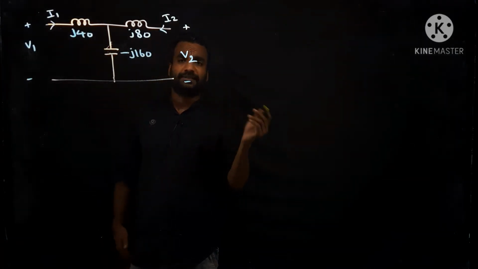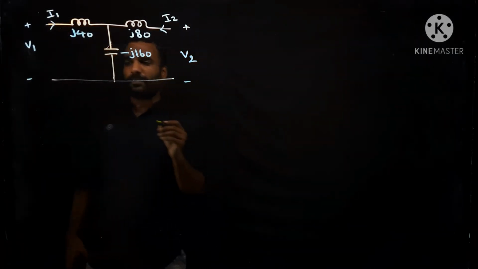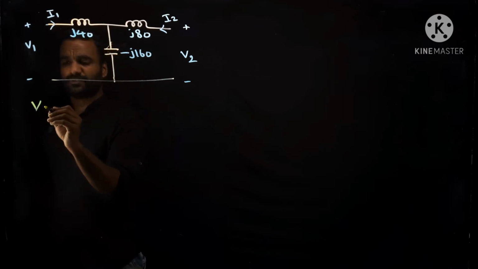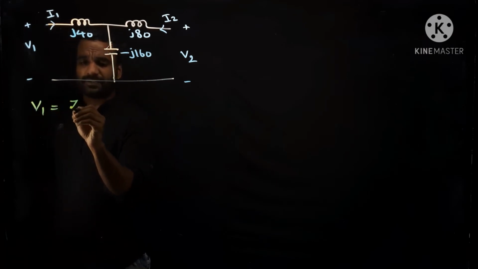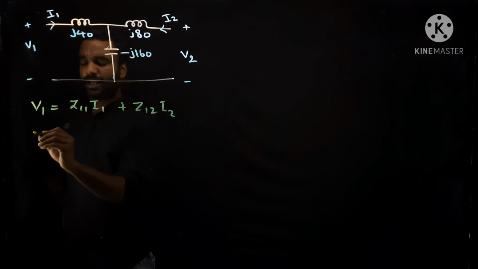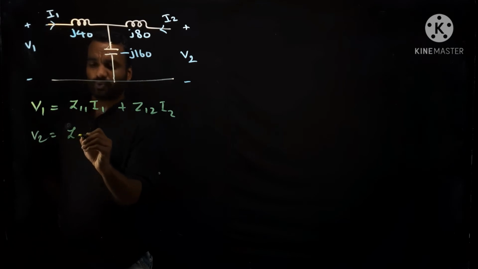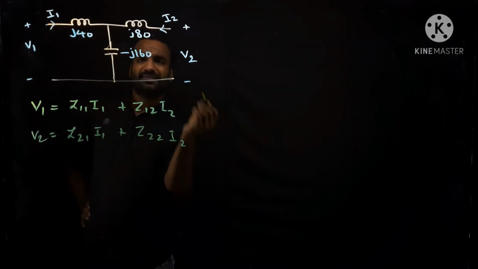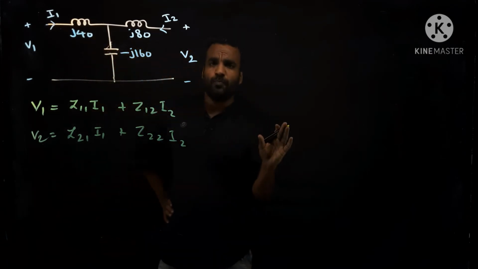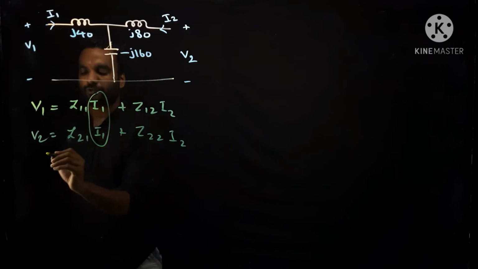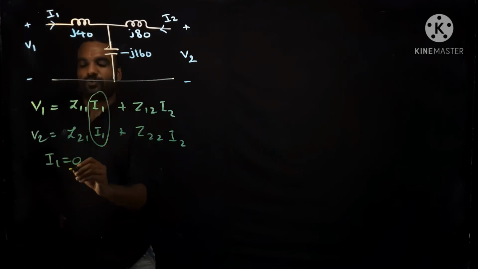So this is the second stage of the problem, where I want to find the other parameters. Let me brush up these things. V1 is equal to Z11 I1 plus Z12 I2 and V2 is equal to Z21 I1 plus Z22 I2. In the second stage of this problem, we have to make I1 equal to 0.